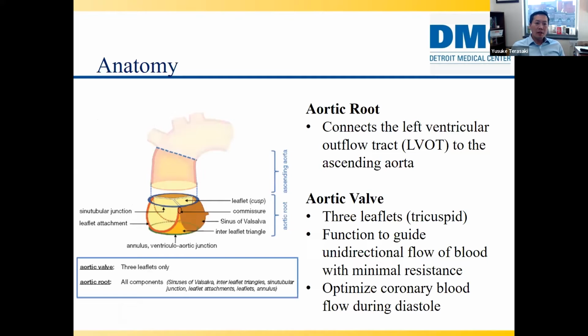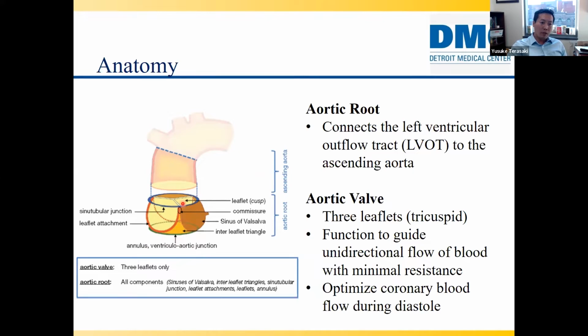So in discussing bicuspid aortic valve disease, I think we need to go back and take a look at the anatomy in normal aortic root. So the aortic root is essentially the part of the aorta that connects the left ventricular outflow tract below, as well as the ascending aorta.